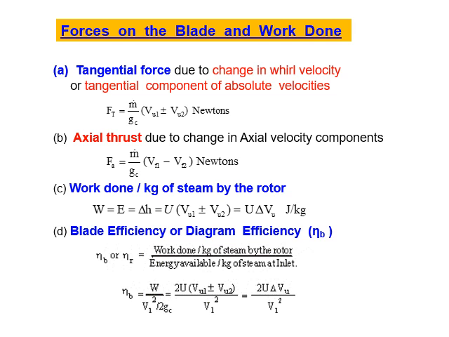The 2 in the denominator is taken to the numerator, so the expression becomes 2 into U into Vu1 plus or minus Vu2 by V1 square, which is termed as 2 into U into delta Vu, where delta Vu is the change in tangential velocity, and the denominator is V1 square. That is the expression for blade efficiency or diagram efficiency.